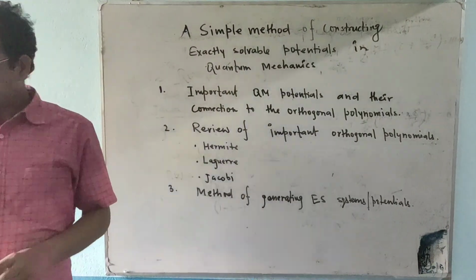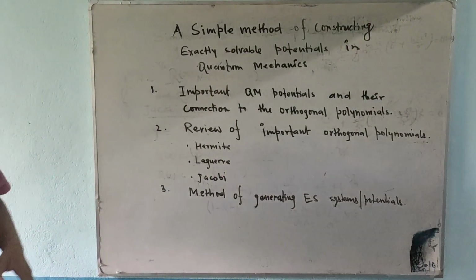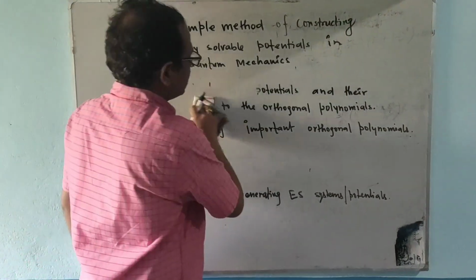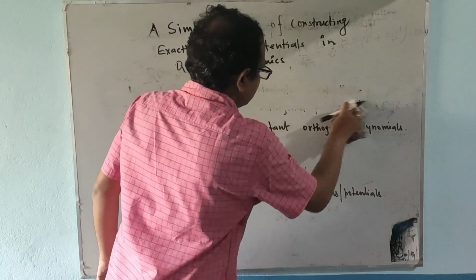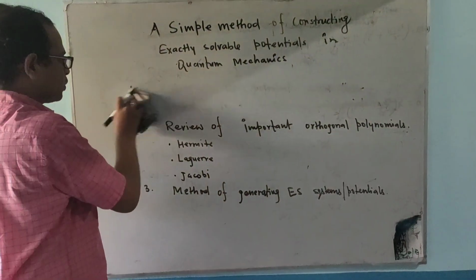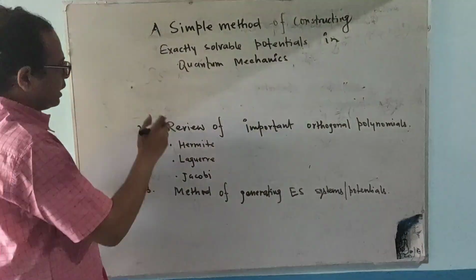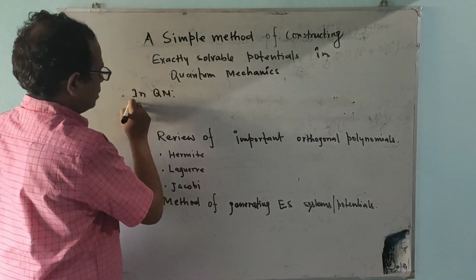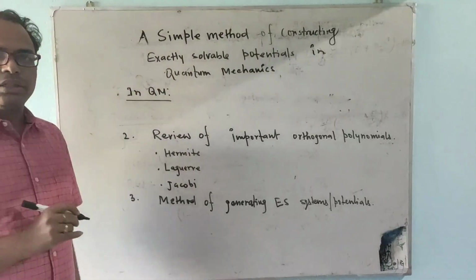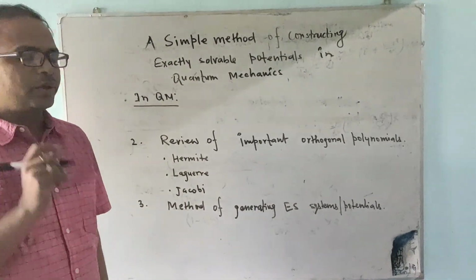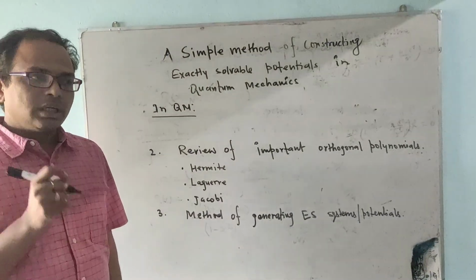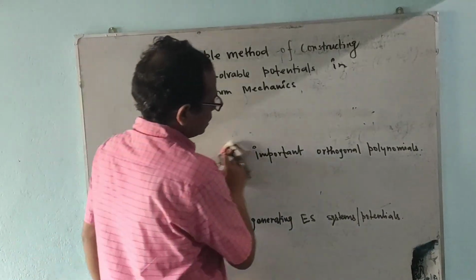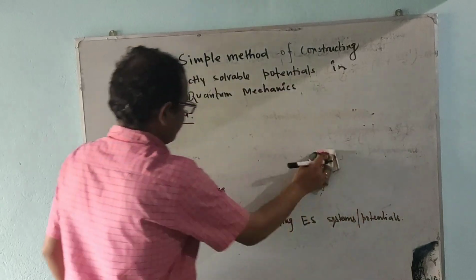So in general, what do we do in quantum mechanics? To get the solution of a given potential, we solve the Schrodinger equation, generally the time independent Schrodinger equation.